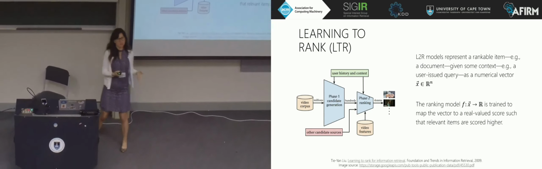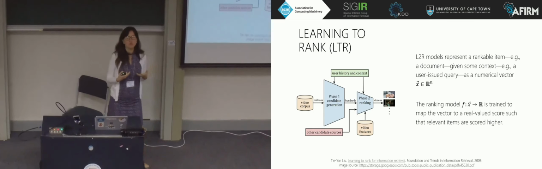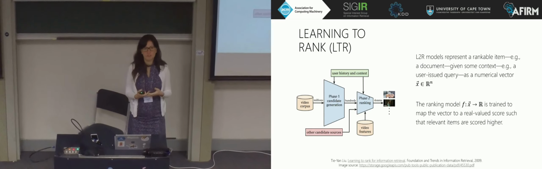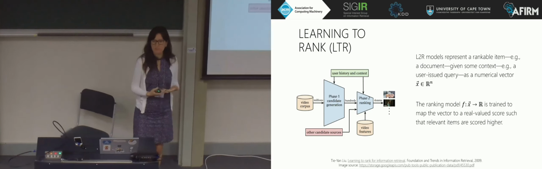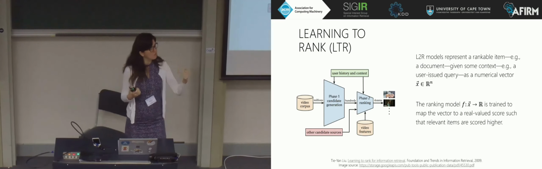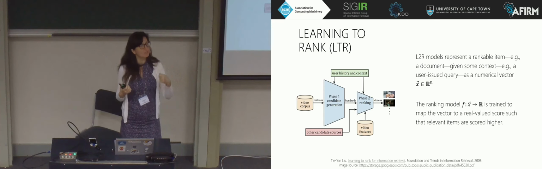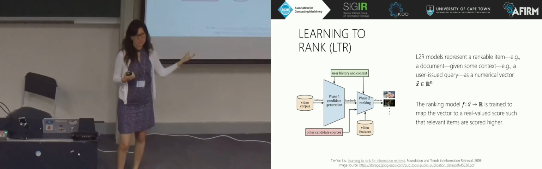So in the training phase of these learning to rank models, you oftentimes assume that you know the relevance of items, meaning you actually have them annotated. You have data sets where some annotators have sat down and labeled these documents as relevant or irrelevant with respect to the queries in your training set, so that you can train these models using your relevance labels.